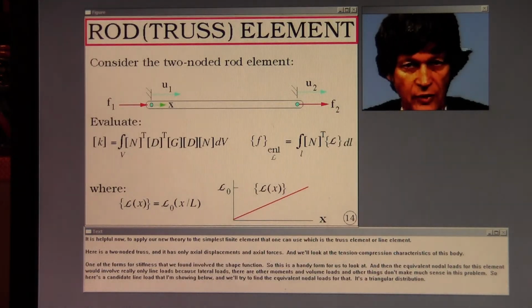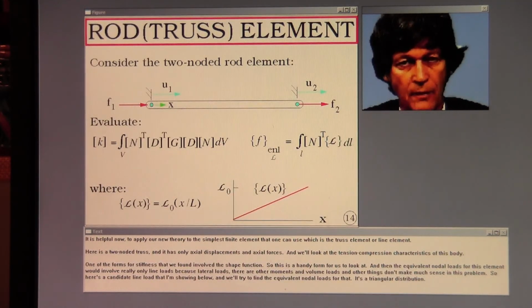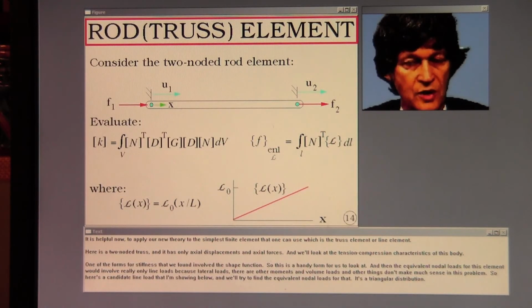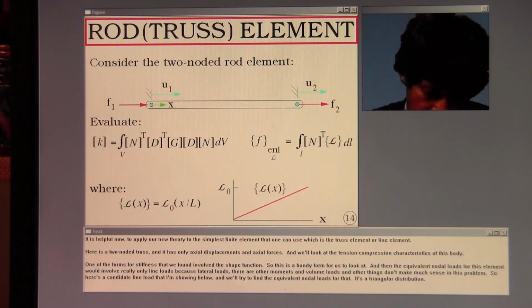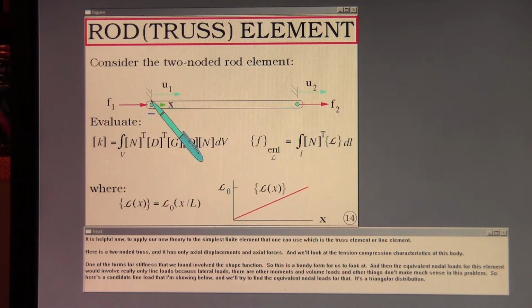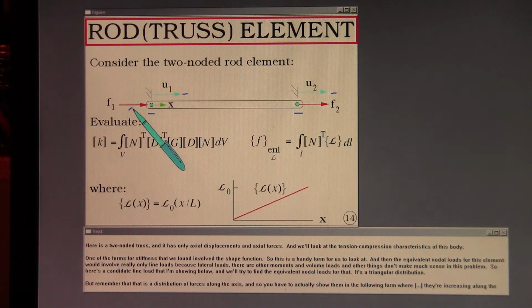It is helpful now to apply our new theory to the simplest finite element that one can use, which is the truss element or line element. Here is a two-noded truss, and it has only axial displacements and axial forces. And we'll look at the tension compression characteristics of this body.